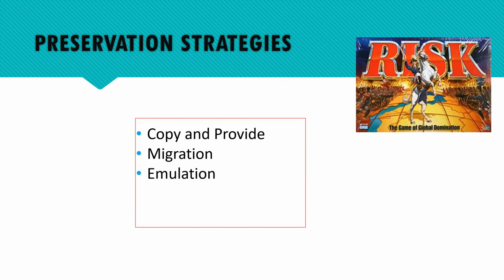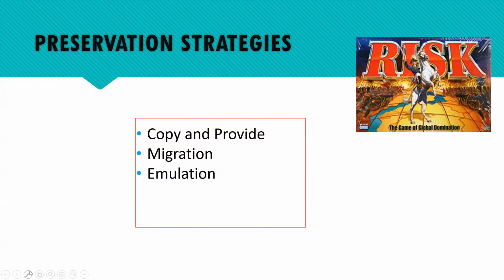So definitely a strategic game, and there's a certain amount of strategy associated with digital preservation as well. So the three that I'll touch on are copy and provide, migration, and emulation. And the Velt article talks about migration and emulation quite a bit. So I would encourage you, again, to really look closely at that article. And then copy and provide is one that they don't mention, but is also a viable strategy.